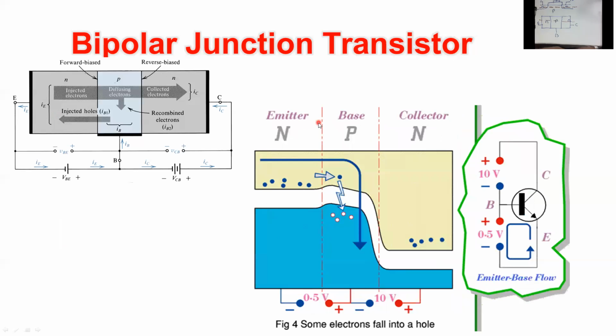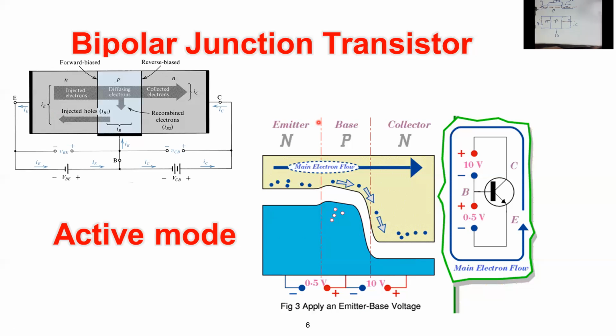Okay, so what are the problems that may face such a device? As you can see here, these electrons are traveling from the emitter to the collector through the base. As we discussed together, this base is a p-type region, I mean, it includes a huge number of holes.